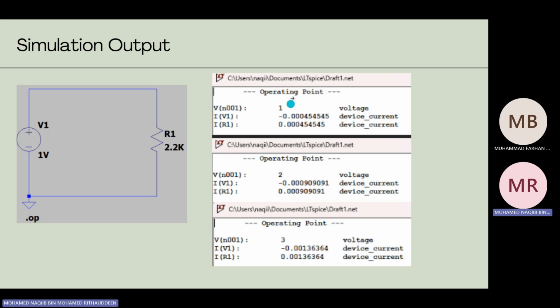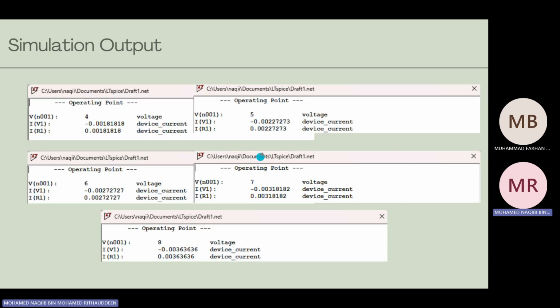We use the same concept, increasing the voltage 1, 2, 3, 4, and 5, and the current is still increasing because we increase the voltage. But when we compare to before, the value of the current decreased because we increased the resistor. Same, they still increase.